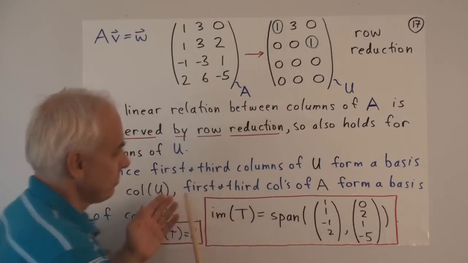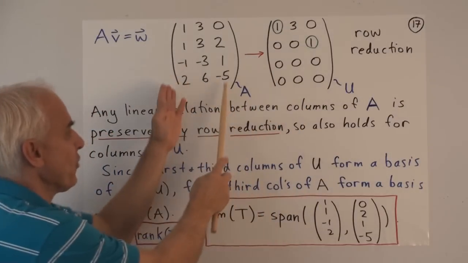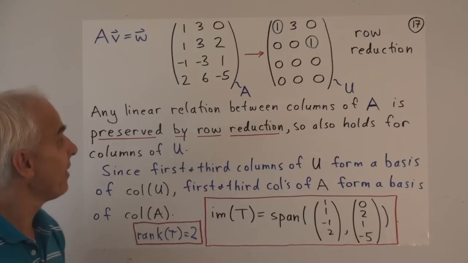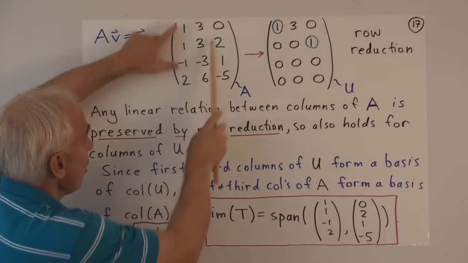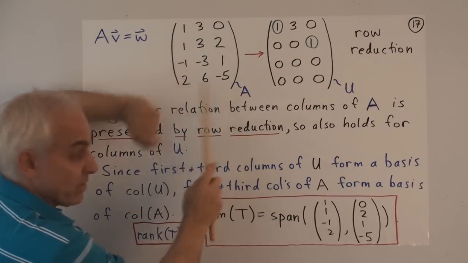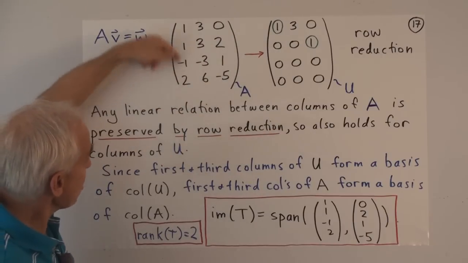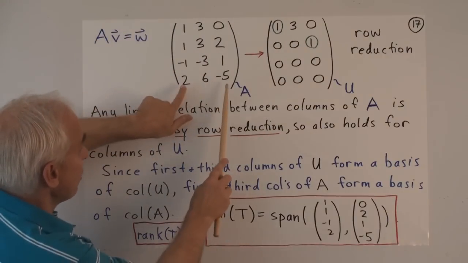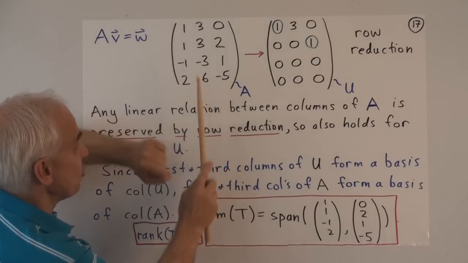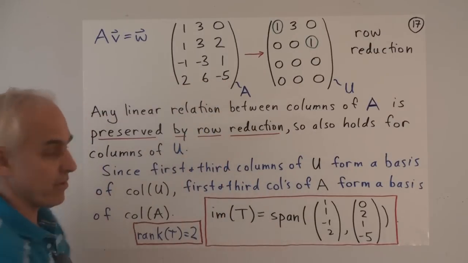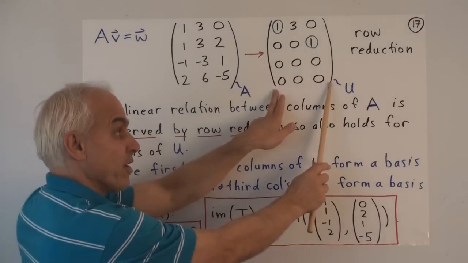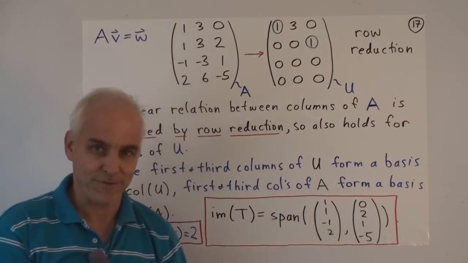And so we can conclude the same thing is true for the original matrix A, that these 2 columns, the first and the third one in the matrix A, form a basis for the column space. Every column in A is a multiple or linear combination of these 2. Because it's true over here, it's also true over there.